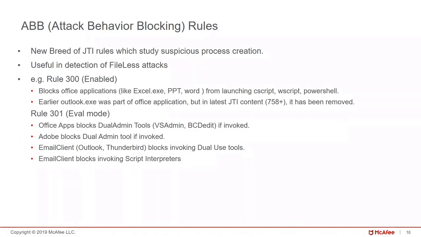As we look at the different rules, this is Rule 300, and it's going to block different types of Office applications from launching things like your scripting tools, because there's no reason that Excel or Word should be launching a Windows process like PowerShell or WScript or CScript.